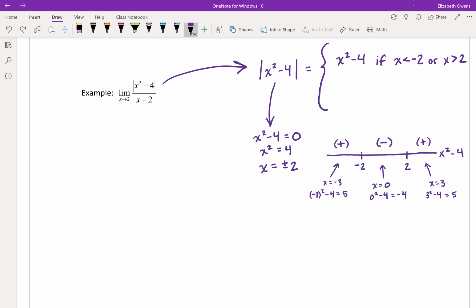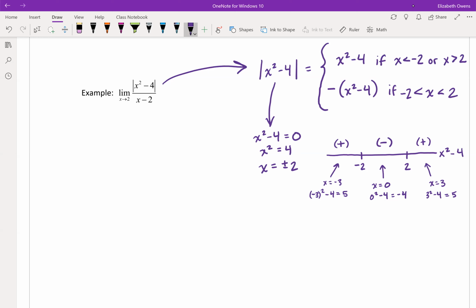So we're going to take -1 times x squared minus 4, or do the opposite of whatever value we're getting, to make it positive if x is between -2 and +2.